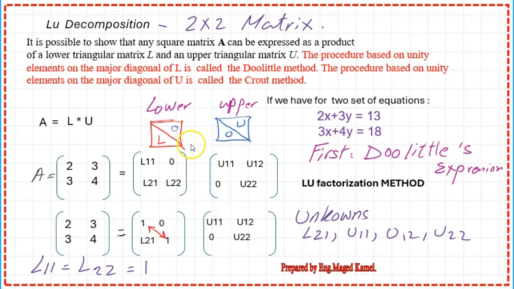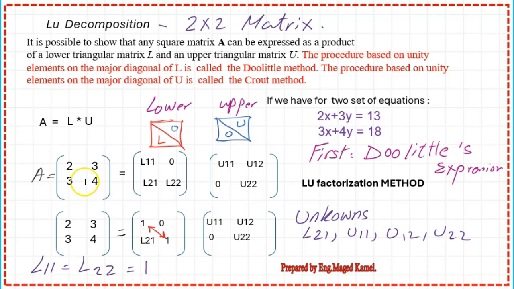The lower matrix is like this, with components L11, 0, L21, L22. The upper matrix is like this, and this space is a 0. In our case, this 0 is U21. We have U11, U12, U22.